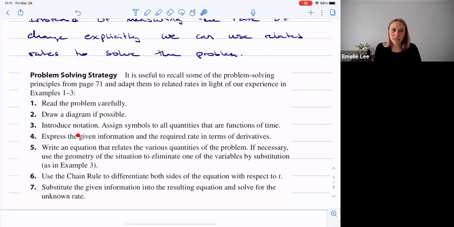Then we're going to introduce notation. Now, sometimes it'll be obvious, sometimes not so much. For the test, we do have a test 3 and of course the final exam. I'll prepare you with the practice test, so that you have a good idea of what to expect.